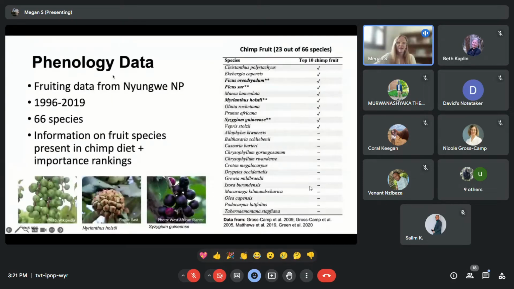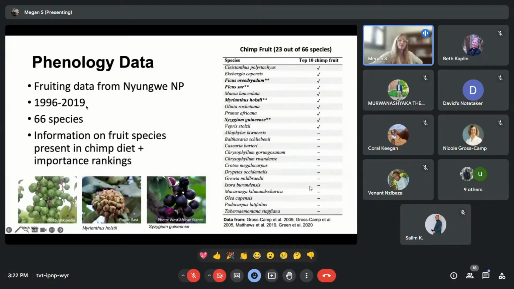And so just to recap the phenology data, it's the fruiting data from Nyungwe National Park that I'm using. They have data on the timing of flowering and leaf production and things like that, but I haven't really done many analyses with that. This data set is from 1996 to 2019. I just got the data through 2021 cleaned up, so it's exciting.